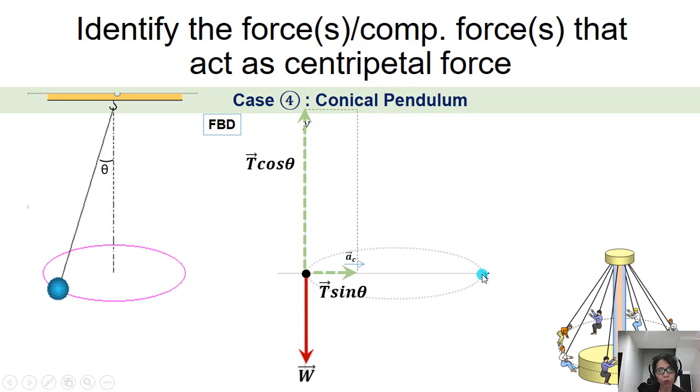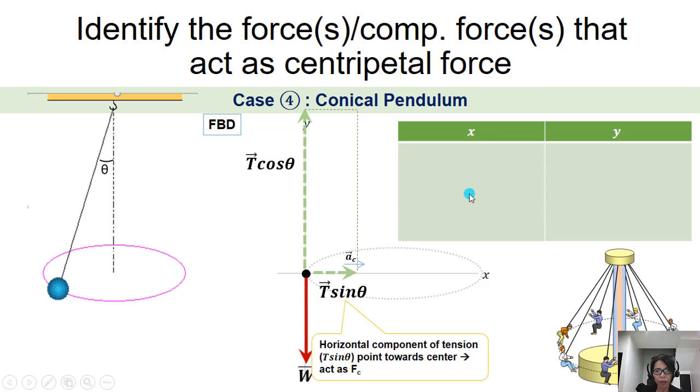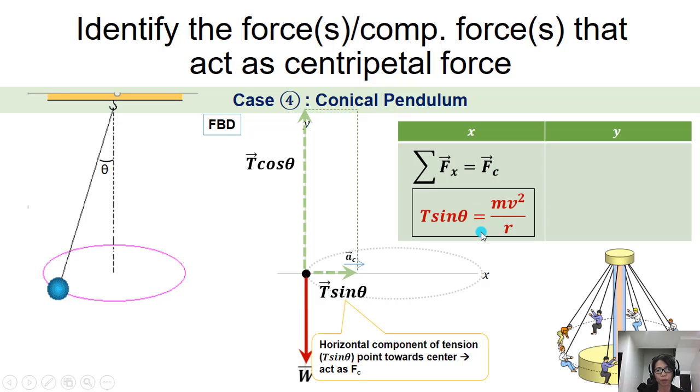So now I have two components, so I have to write for two components. The component of force that points towards the center of the circle, T sine theta, will be our centripetal force. So T sine theta equals mv squared over r. How about along the y-axis?